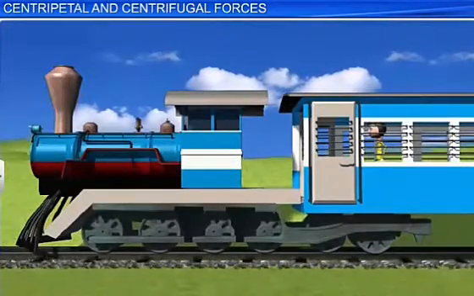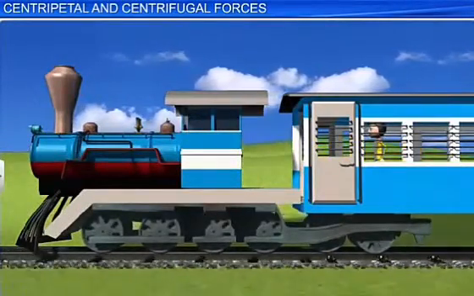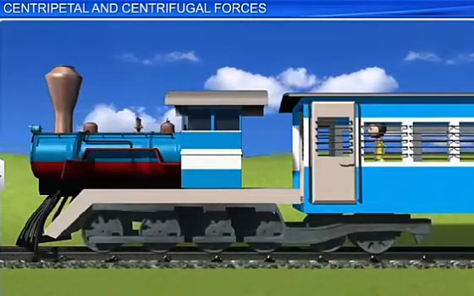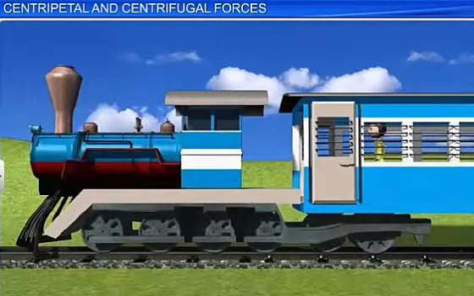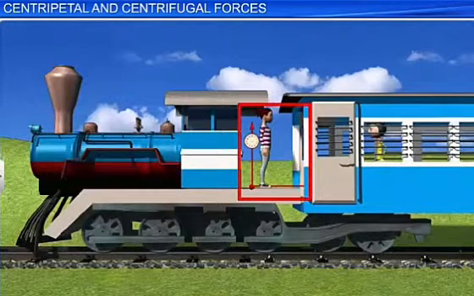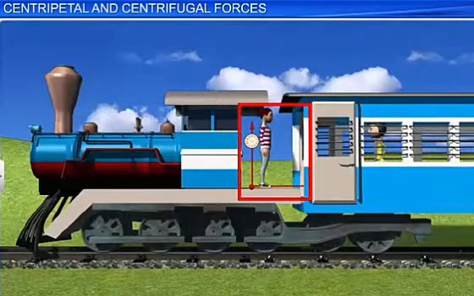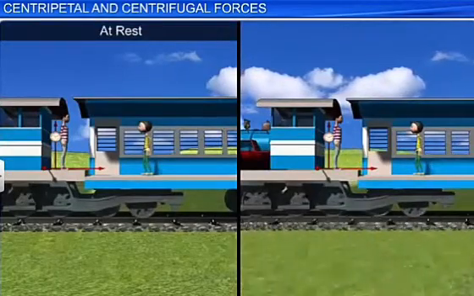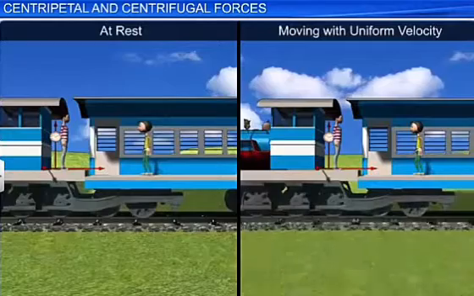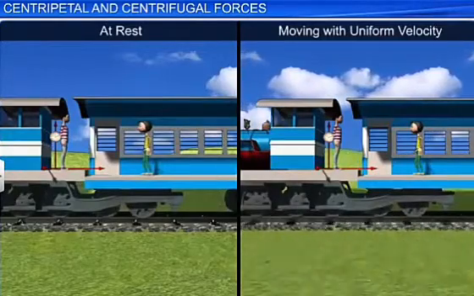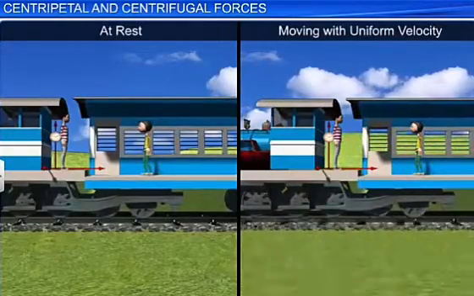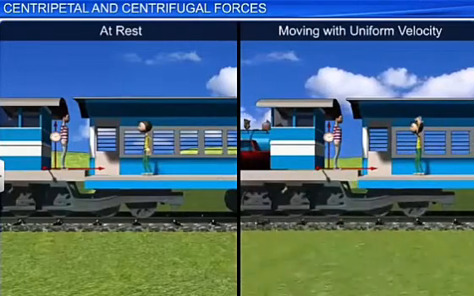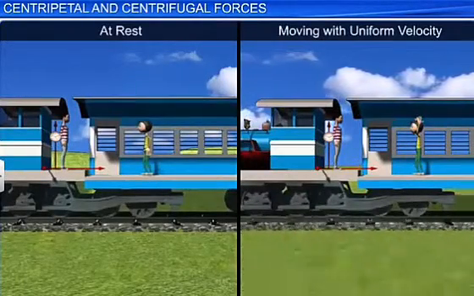To understand this aspect, let us consider a boy on roller skates standing on an empty passenger car. Let us assume that the observer and the frame of reference are attached to the passenger car. When the passenger car is either at rest or moving with uniform velocity, the boy is at rest with respect to the frame of reference attached to it.